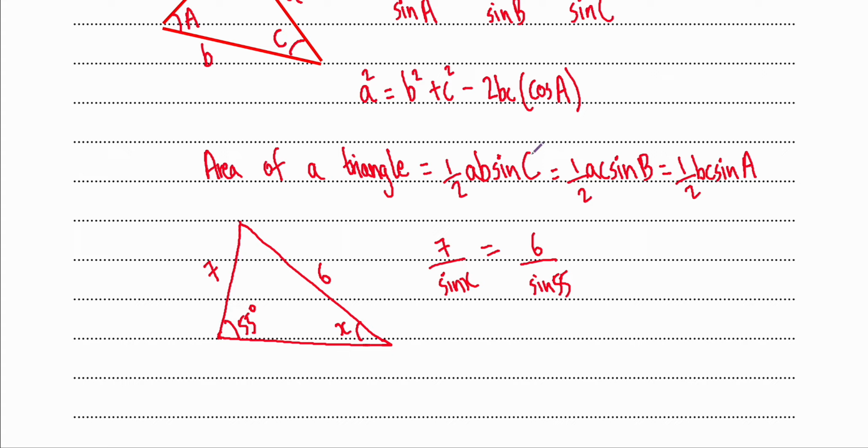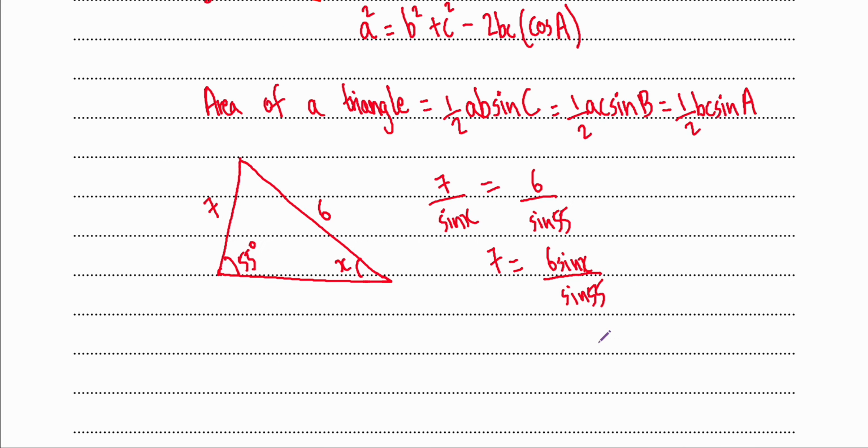So what do we do? Well, we can bring sine of x to the other side, so we have 7 is equal to 6 times the sine of x divided by the sine of 55. So that means the sine of x is equal to, if you multiply by sine 55 on both sides, you get 7 sine 55 and then divide by 6. So you would have 7 sine 55 divided by 6. And then you would find the sine inverse of that.